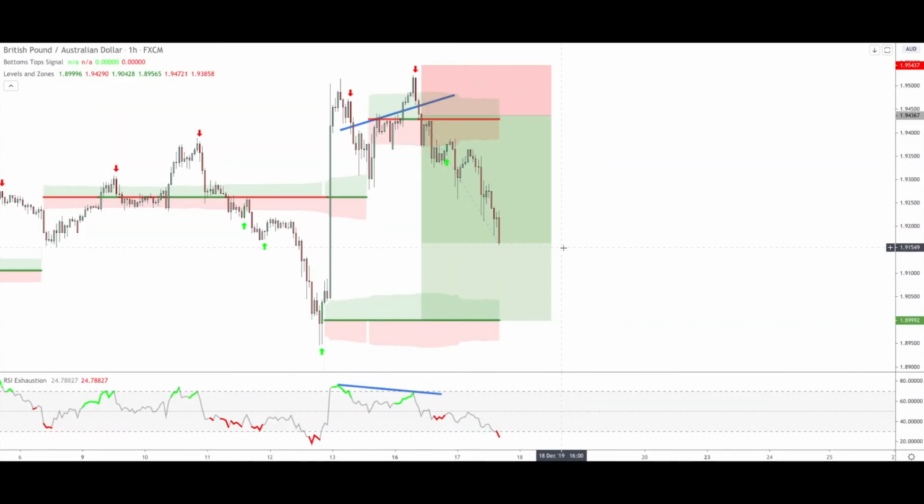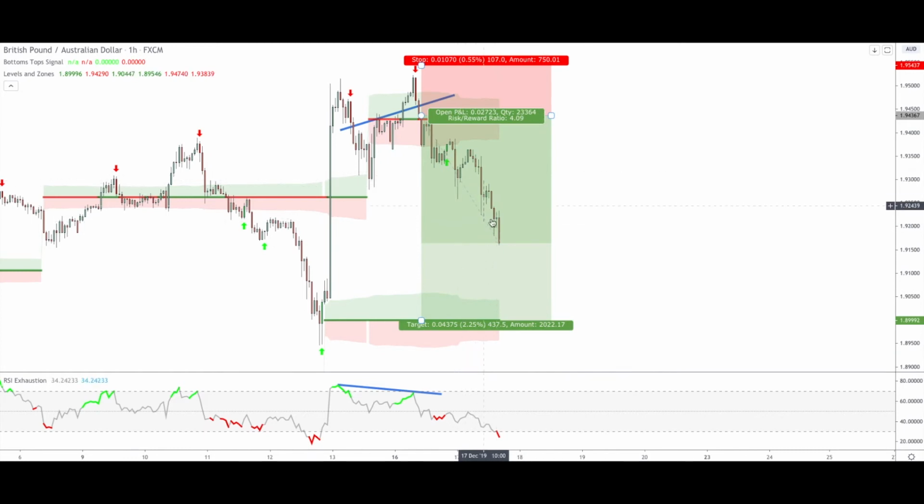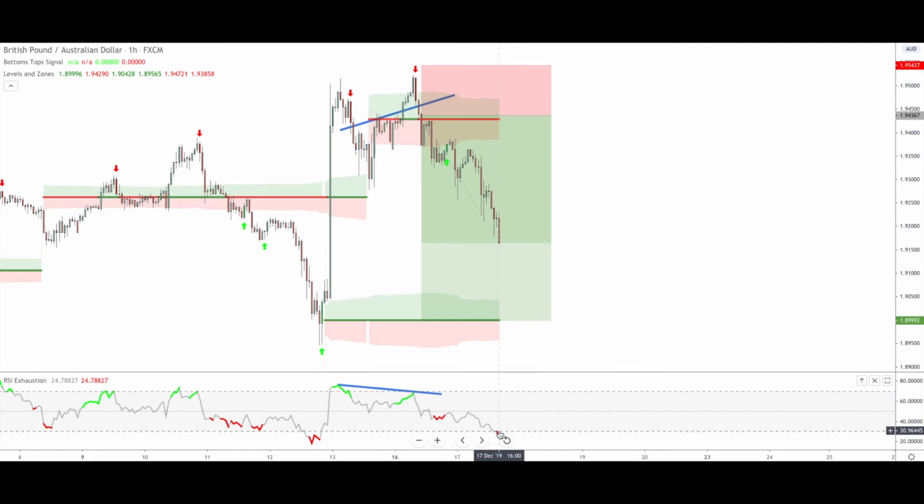Another update, guys, so the price is making its way down. The RSI just got bearish exhausted and a little bit oversold.